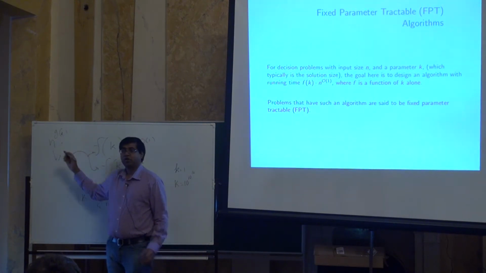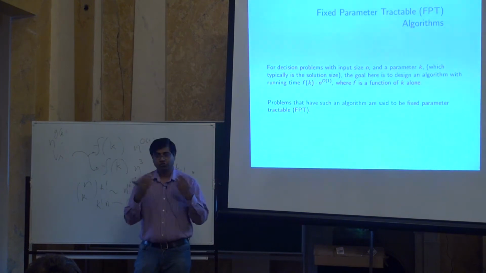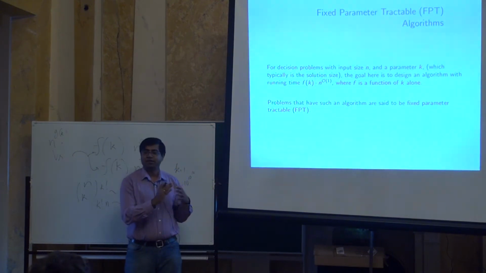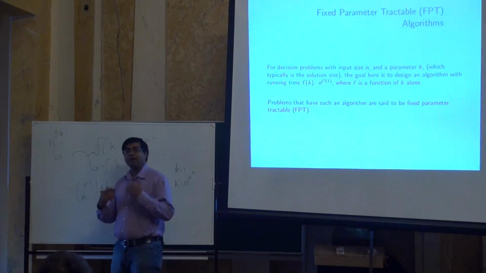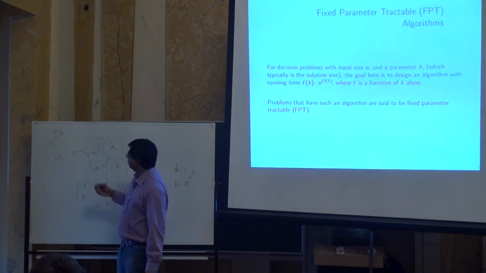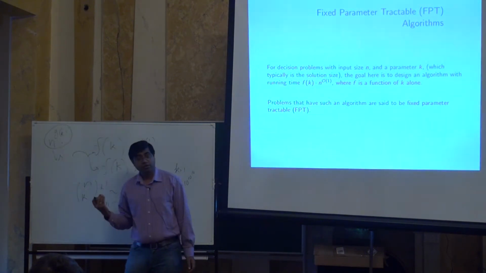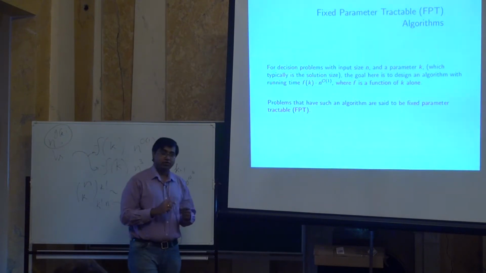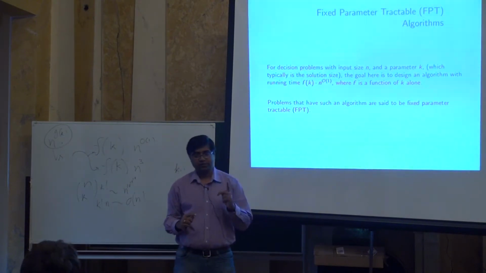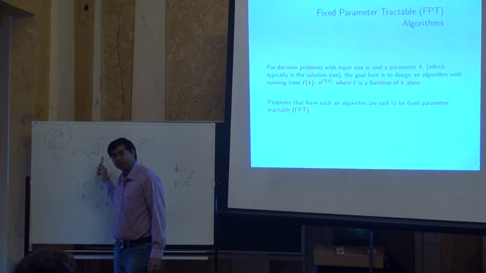So there is a theory which allows you to show, of course, the way P versus NP is based on certain assumptions, similarly here we have certain assumptions which allow us to show that for certain problems, these kinds of algorithms are optimal, right? So given a problem, there are two questions. First of all, is it this kind versus this kind, right?